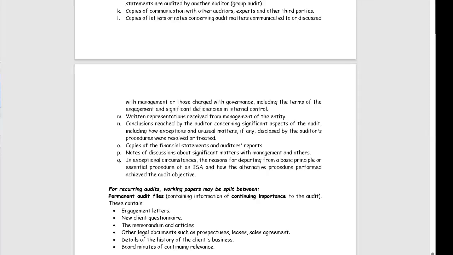The other one will be the physical address and contacts of key officers in the client entity, the physical address and contacts of the key personnel in the client entity.